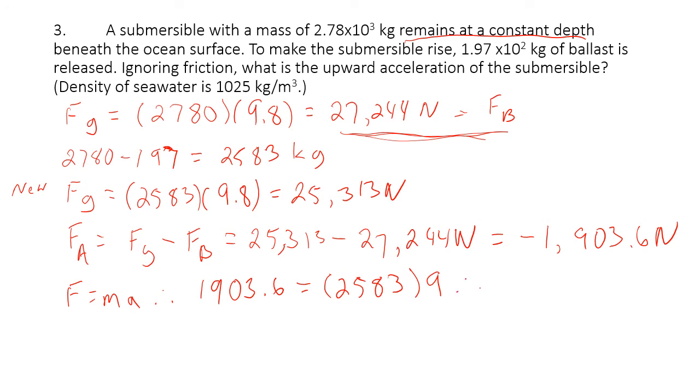So a ends up equaling 0.75 meters per second squared toward the surface. And again, I messed something up here, I just noticed, guys. This should be 930 instead of 03. I fixed that for this answer, though.